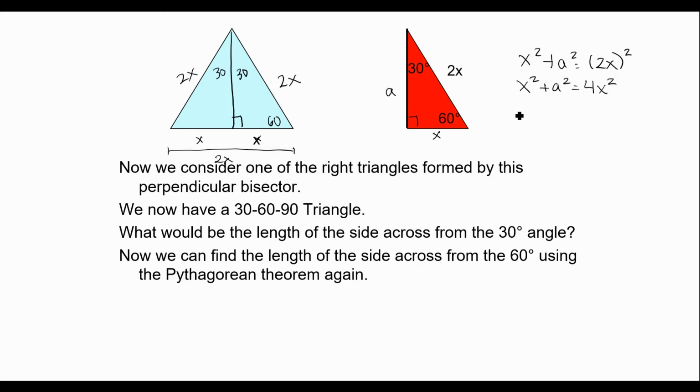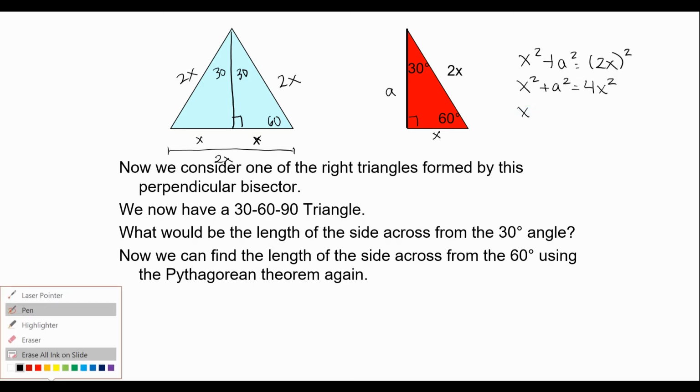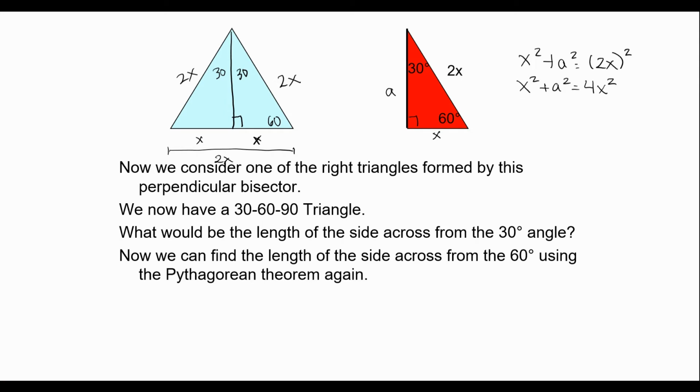Now if I want to solve for a, we subtract x squared from both sides, so a squared equals 3x squared, and to solve for a, we're going to have to square root both sides of the equation.